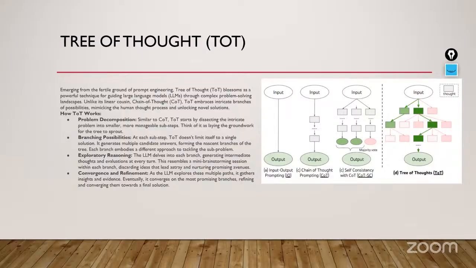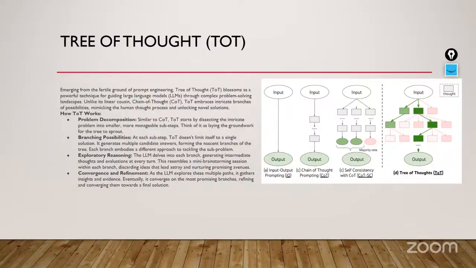The LLM will dive into each branch, generating intermediate thoughts and evaluations at every turn. This resembles a mini brainstorming session. Now this is the thing, this is the thing. What is the probability that this will happen after this? It resembles a mini brainstorming session within each branch itself, discarding the ideas which are not that important and nourishing the promising avenues.